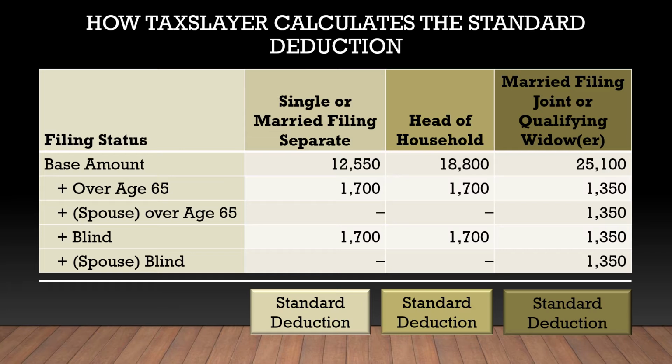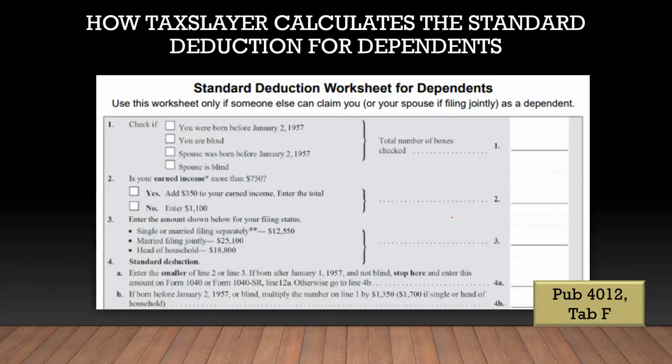Again, for blindness, for single or married filing separate or head of household, there is the added $1,700. And for married filing joint or qualifying widow or widower, each spouse gets an added $1,350. So we have our base amounts, and then for age-related situations or for blindness, there are some additions, and whatever that comes to will be that taxpayer's or taxpayers' standard deduction.